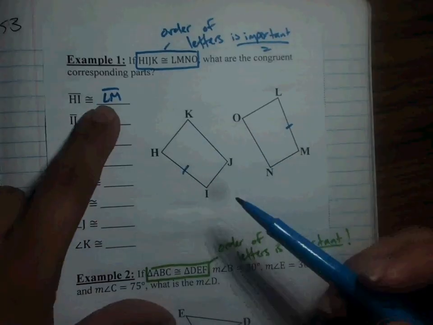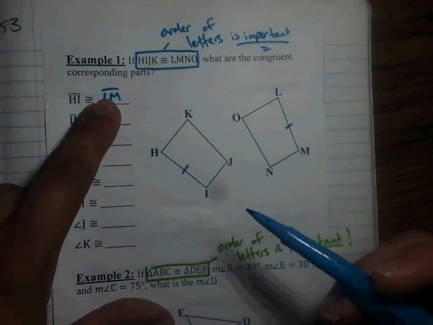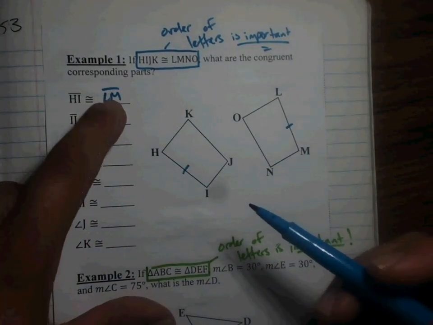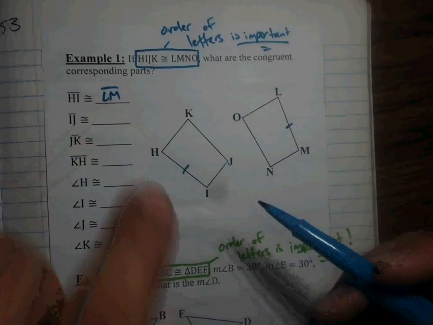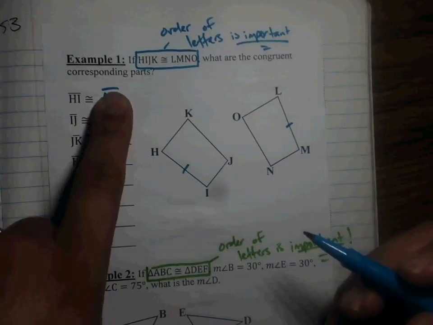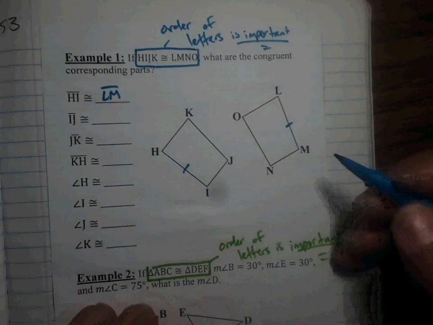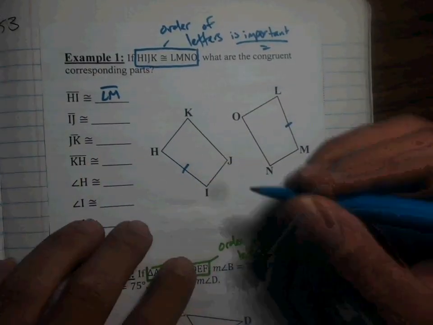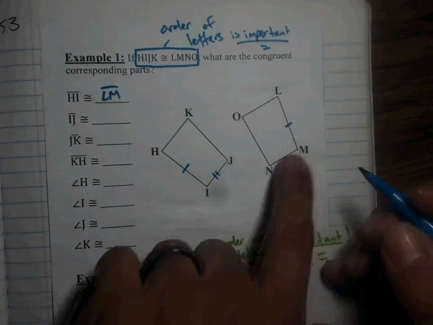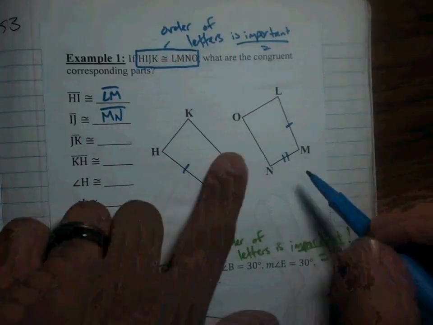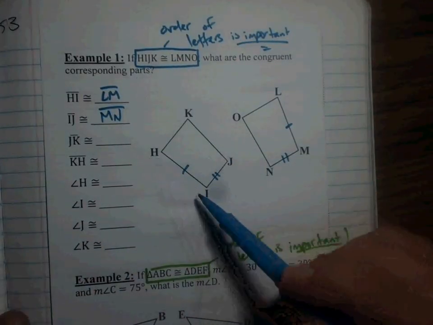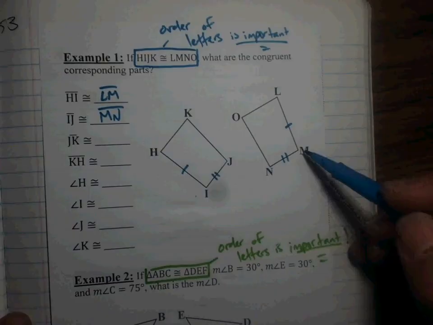Remember, when you write this, we have to have the little segment symbol above it. If you just write letters, that doesn't tell us anything. So HI to LM. IJ, would that be congruent to MN? Notice how I'm going the same path as before: H to I to J, L to M to N. And we can fill out the rest.